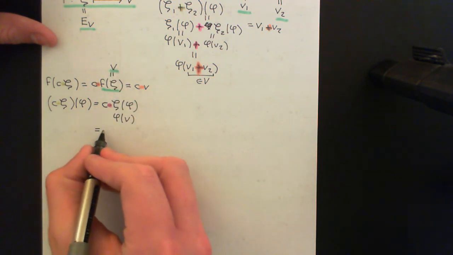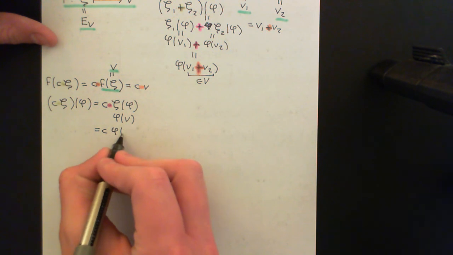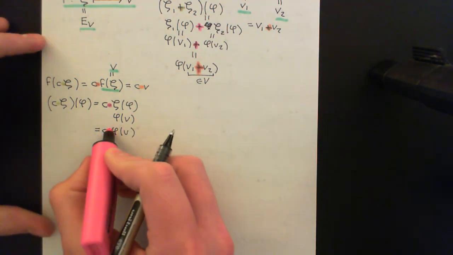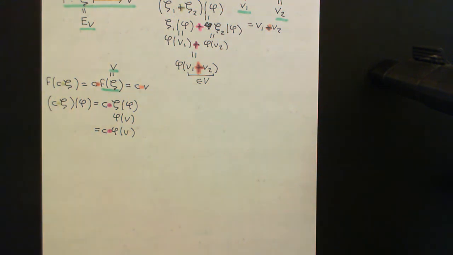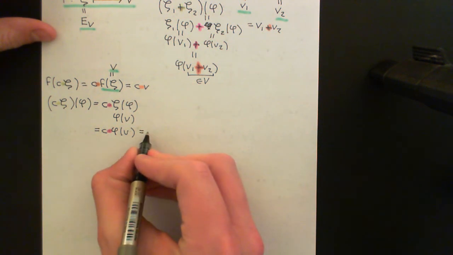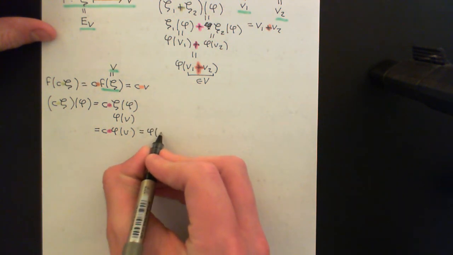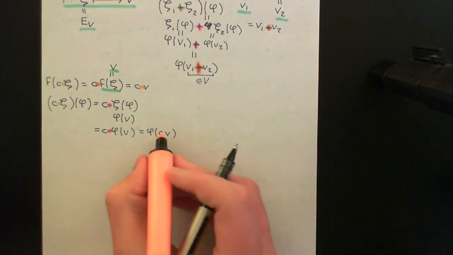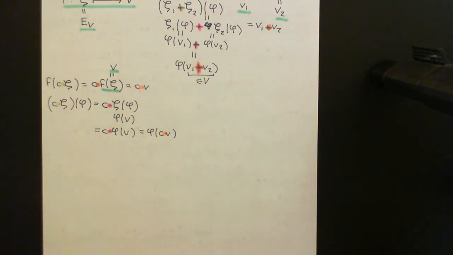Okay, so now what we have got is c multiplied in the field by phi of v, but now you remember the fact that phi is a covector, it's a map from the initial vector space into the field capital F, and what we can now do is swallow that c into here. So we'll get that this is phi of c times v, where this is now scalar multiplication inside the vector space capital V.